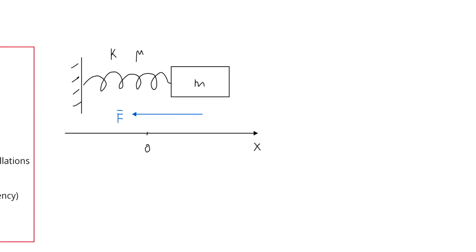So according to Hooke's law, this force is equal to minus kx minus mu dx by dt.